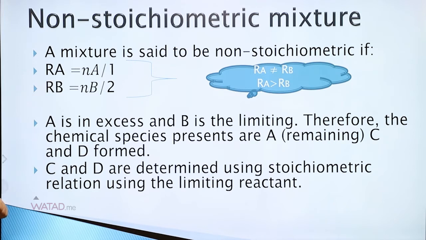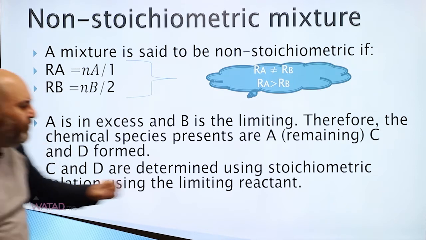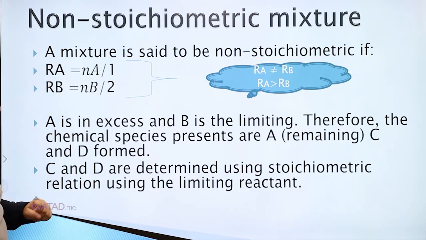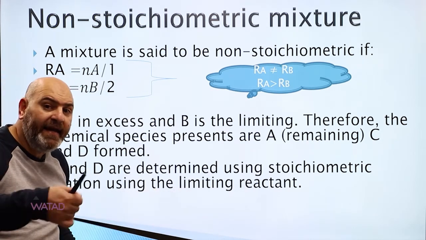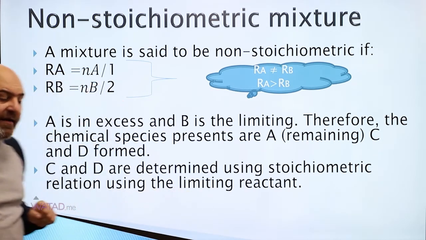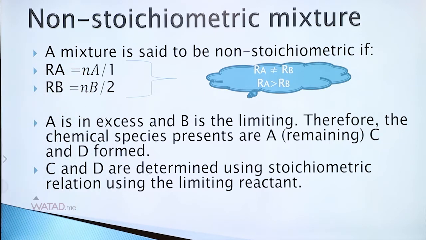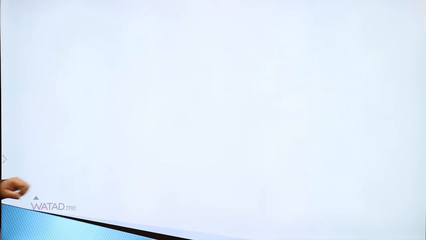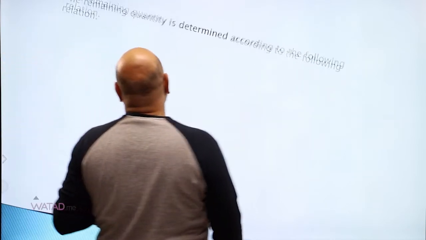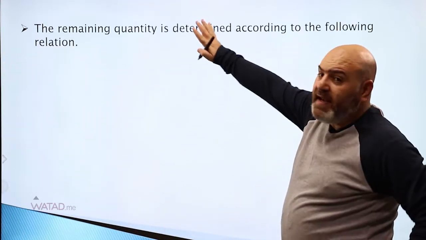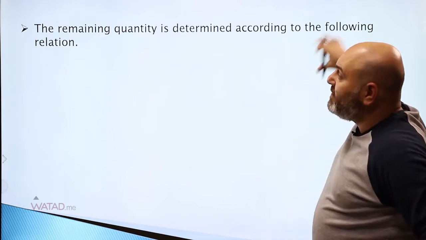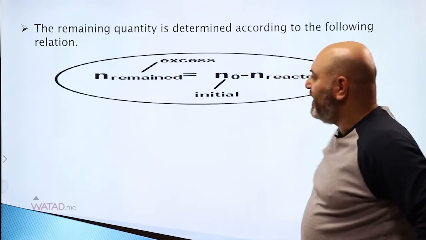How can we determine C and D formed? C and D formed will be determined using stoichiometry, but as we said, from the limiting reactant. So from the limiting reactant, we will be able to find the quantity of C and D formed. Here we have to pay attention: the remaining quantity will be determined according to the following relation.